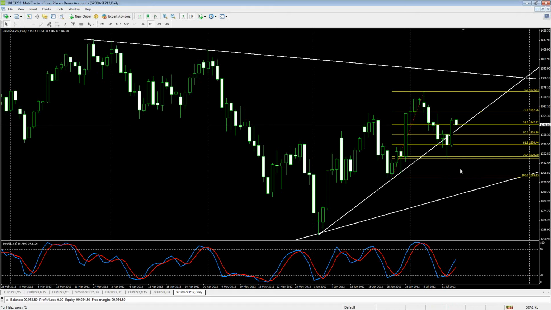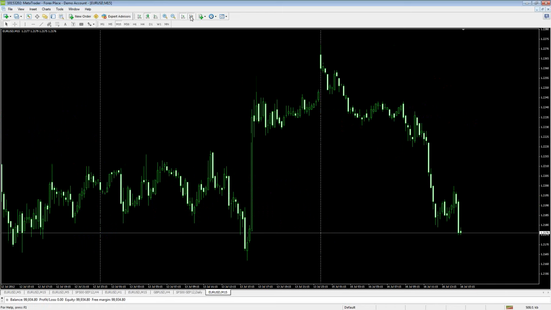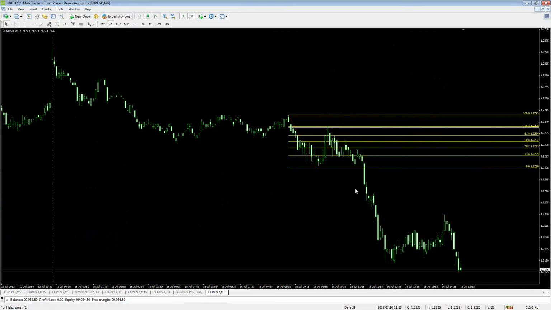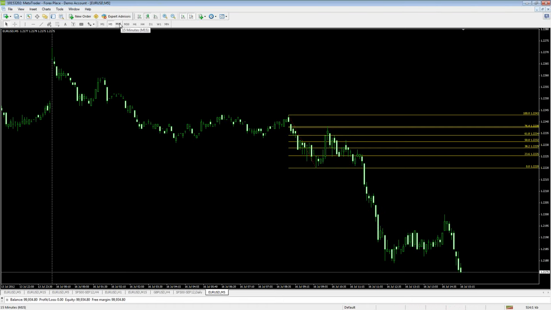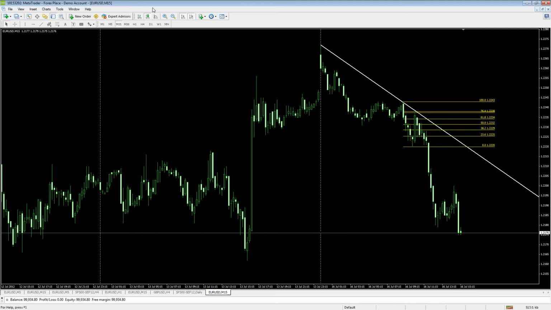And you know what? I'll show you how strong it is if we just go for a minute again to the euro dollar and just take a look here. Okay, it went down, it went up, stopped on the 76.4 and dropped very sharply. Now here there were, I guess, a few more reasons for the drop, because it also reached this trend line exactly here.